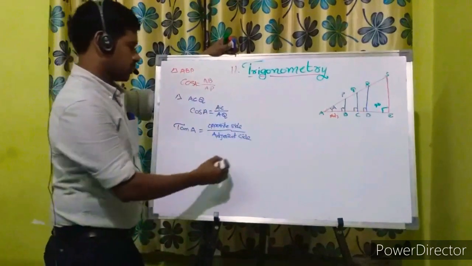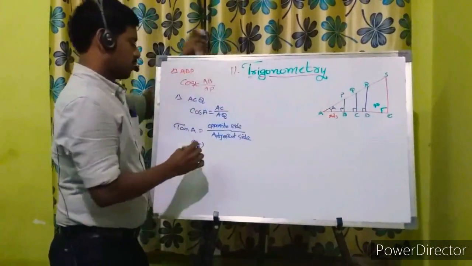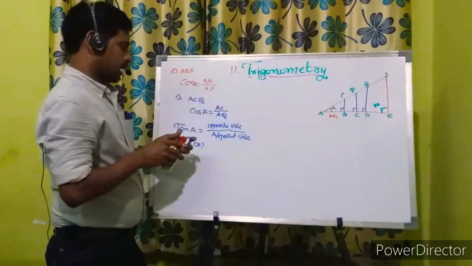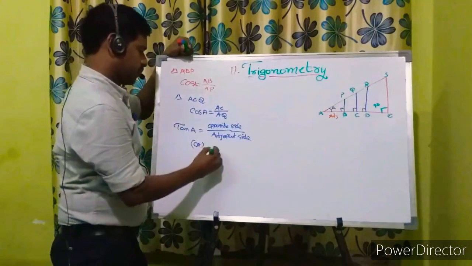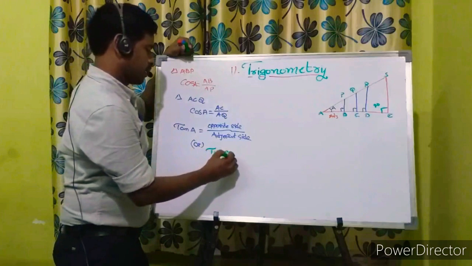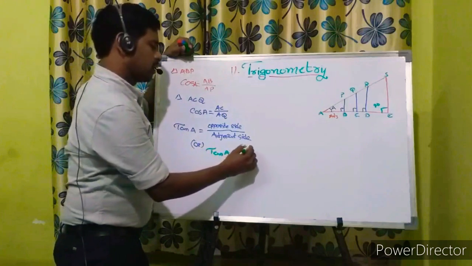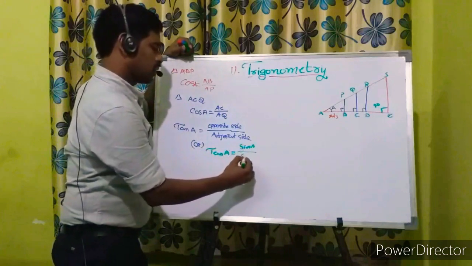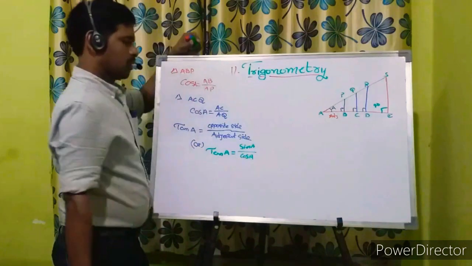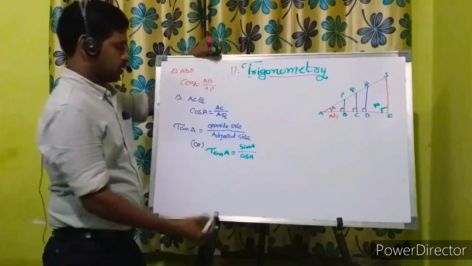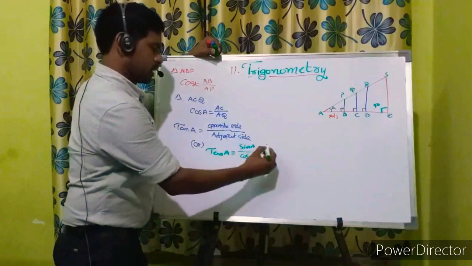We have another formula also: tan A is equal to sin A by cos A. Based on this, we simplify.